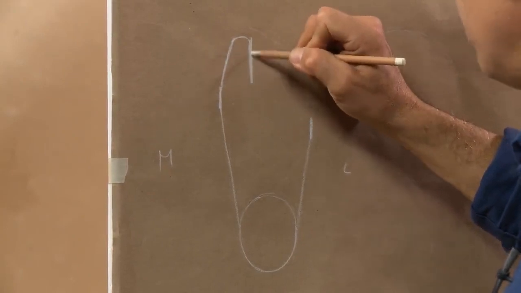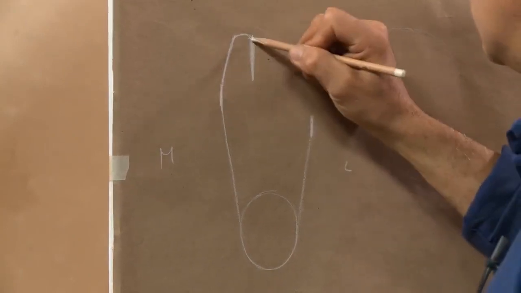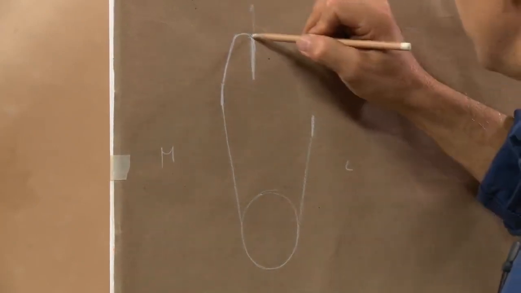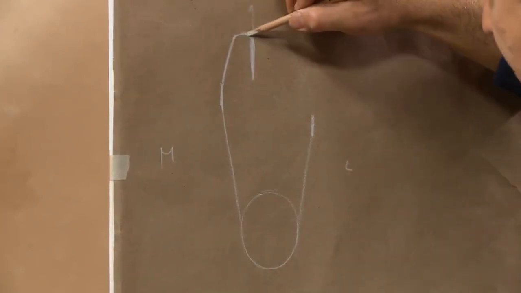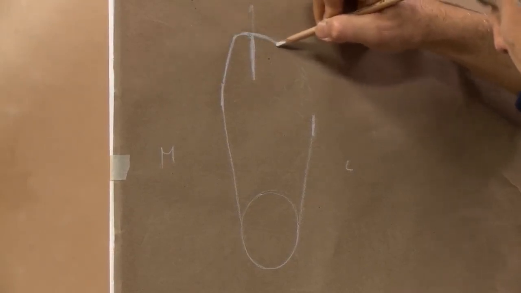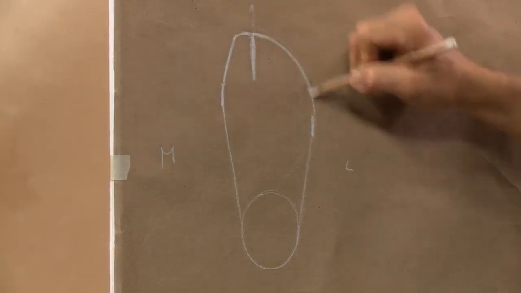This line in here, dividing the big toe, that includes the big toe, is going to be straight. So now, from here, I can have this general shape of the contour of the foot coming down like this, clearly sloping.